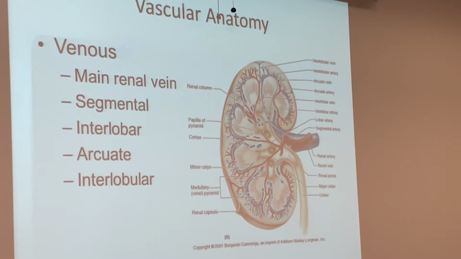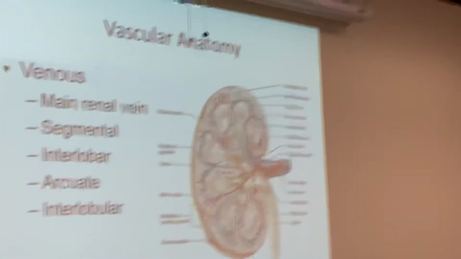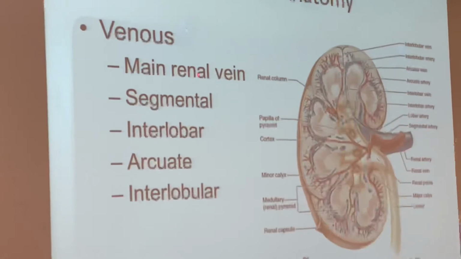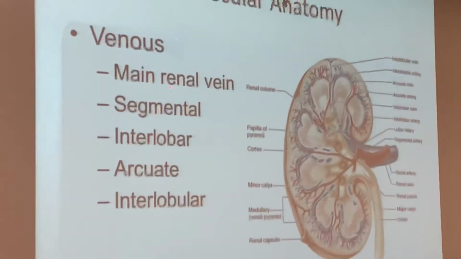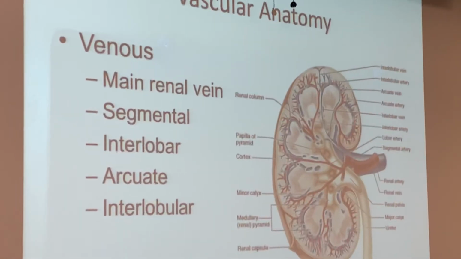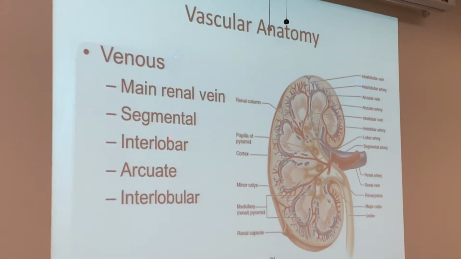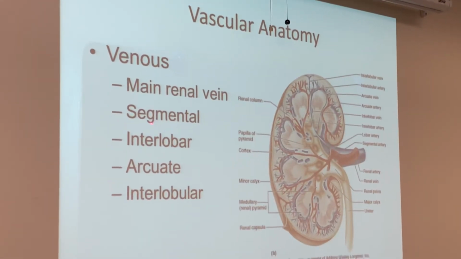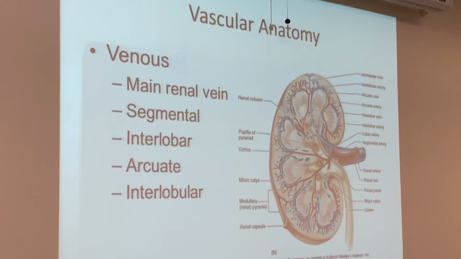So now let's talk about the veins. You have your main renal vein. What is it draining into? IVC. Okay? Anywhere I have an artery, I have a vein. So I have segmental, I have interlobar, I have arcuates, and, oh, I guess I wrote that twice.